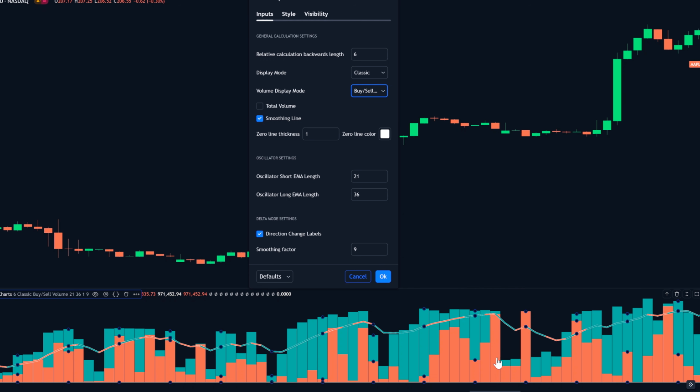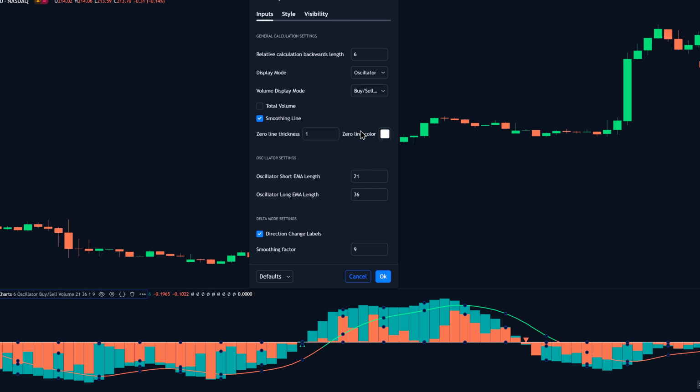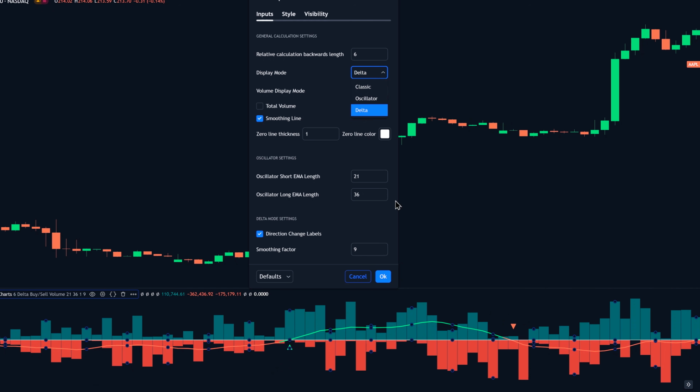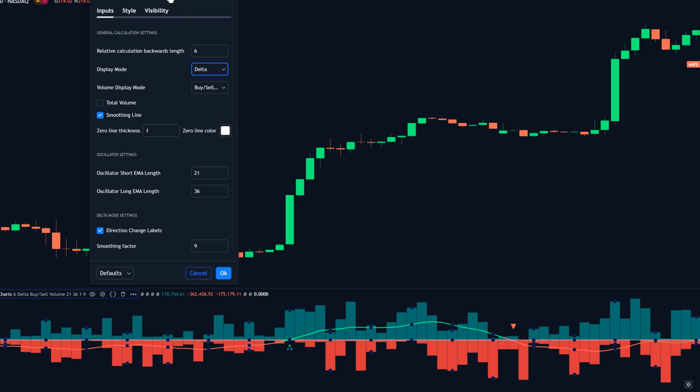Now, aside from the volume display mode, we also have the display mode, where we have classic, which is this. We also have the oscillator mode, where the histogram oscillates between positive values and negative values for bullish and bearish volumes. We also have the delta mode, and as you can see, the delta mode has two sets of histogram bars for every candle.